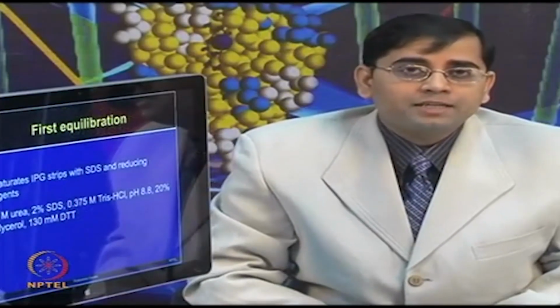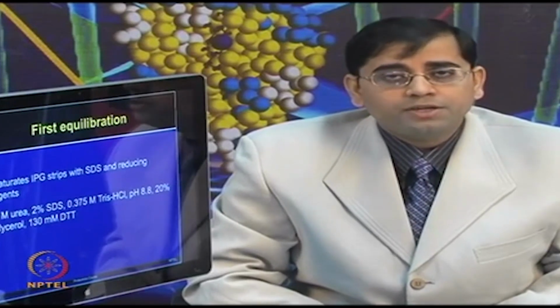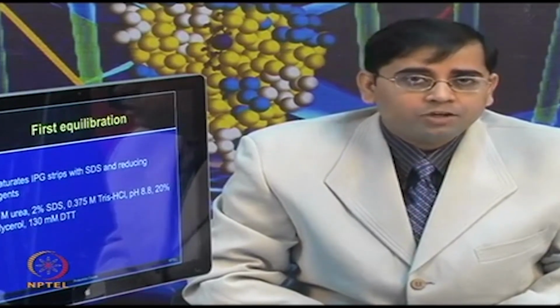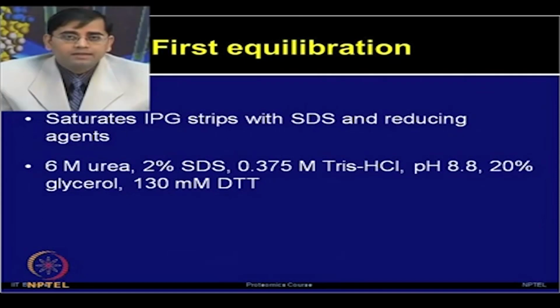There are two equilibration steps required for this preparative step: the first equilibration step and the second equilibration step. The recipe for the equilibration buffer is ideally similar in both, which includes 6 molar urea, 2% SDS, 0.375 molar Tris-HCl, pH 8.8, and 20% glycerol, and then you need to make one variation in this buffer composition.